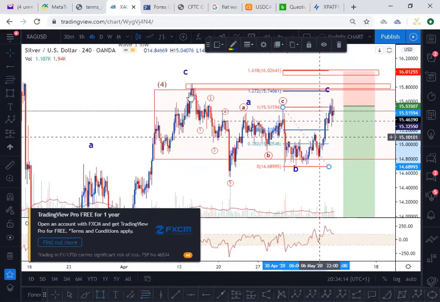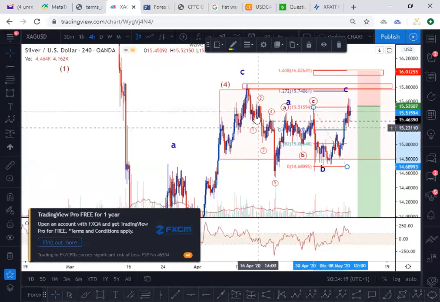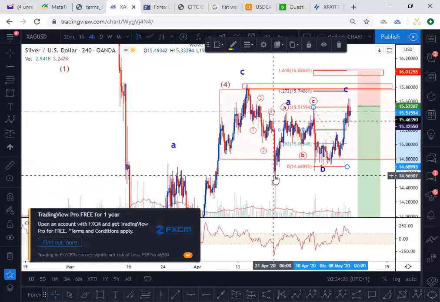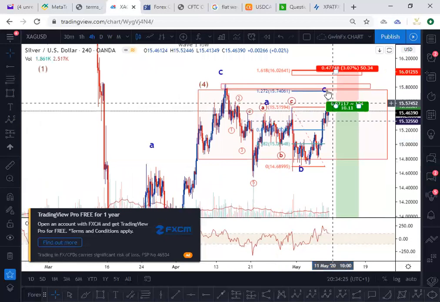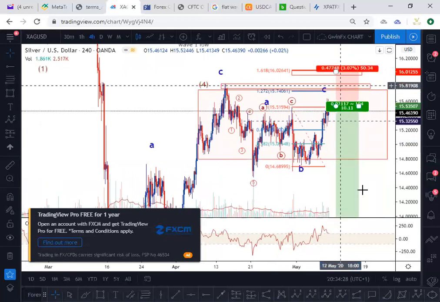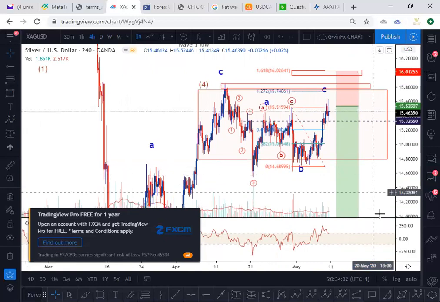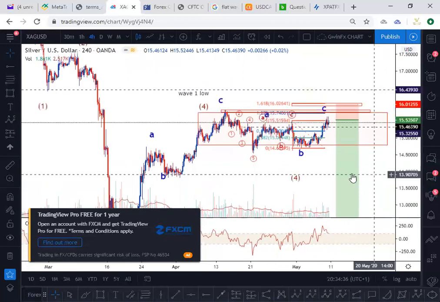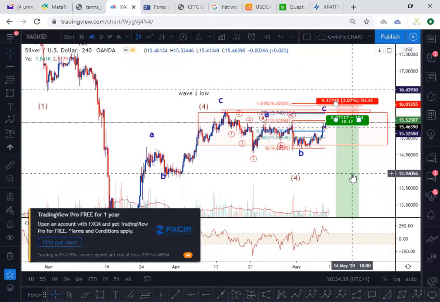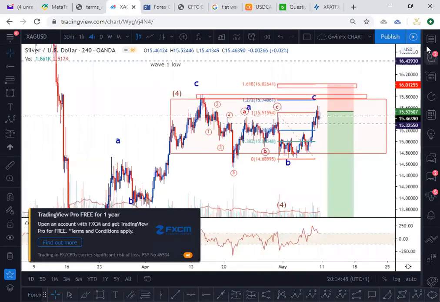This was the origin of B. If this is our A and we have our B inside of this area, we could assume that this could also complete a running flat, and then we could make a push from this point to target the downside. This alone will be about a 1:10 or 1:11 risk to reward trade. So it's a good position to be in, and it's a good area to watch our price for.